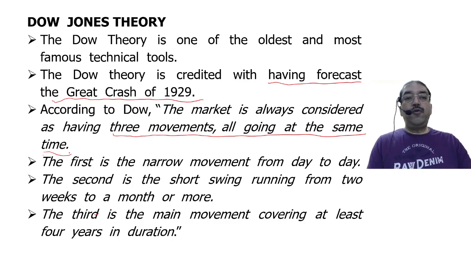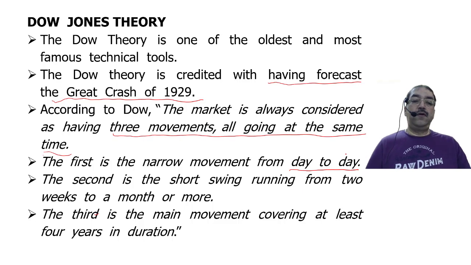If I'm talking about the primary movement, what is the meaning of primary movement? The primary movement, or the first movement, is the narrow movement from day to day. What do we have to remember? Day to day movement. How much the prices have changed from yesterday to today, from today to tomorrow, like that.